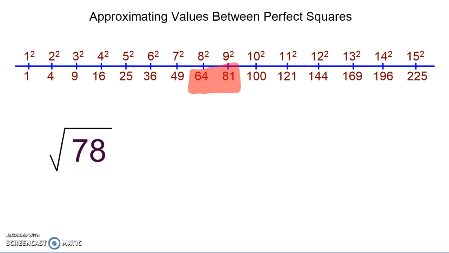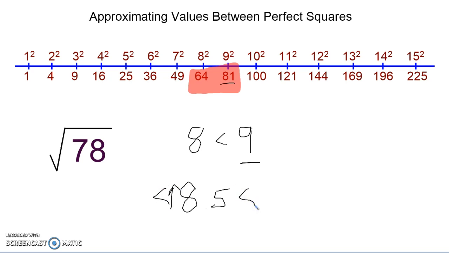I know that it is closer to 81, which means its square root is going to be greater than 8 and less than 9. So it's going to fall between 8 and 9, somewhere in there. Because it's closer to 81, that means it's going to be closer to 9, which means it's going to be above 8.5.